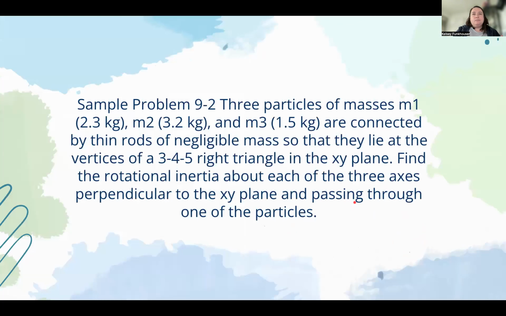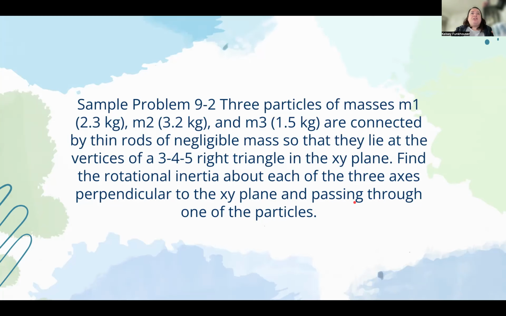So now let's try this out ourselves. We're going to do sample problem 9-2, and I'll read it to you first. 3 particles of masses, M1 equals 2.3 kilograms, M2 equals 3.2 kilograms, and M3 equals 1.5 kilograms, are connected by thin rods of negligible mass so that they lie at the vertices of a 3, 4, 5 right triangle in the XY plane.